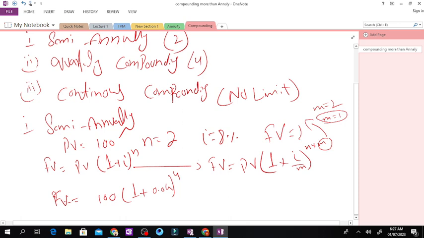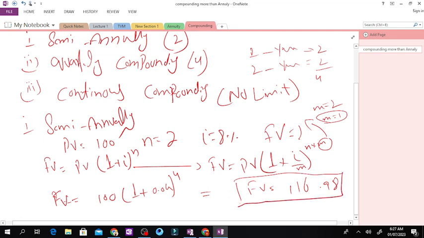It's already clear that if we have 1 year we will receive 2 times, and if we have 2 years, then again we receive interest on a semi-annual system, so again 2 times per year, so it becomes 4. That's why we mention 4 here. And the amount we get is future value equal to 116.98.